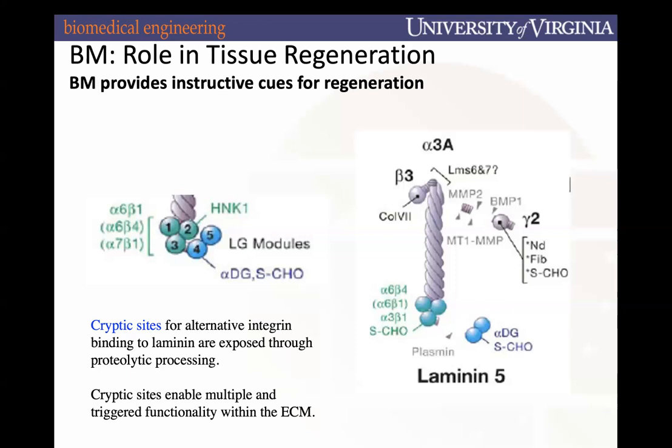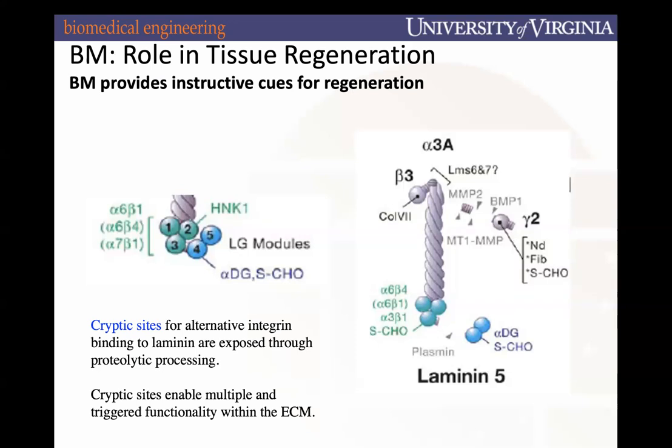There's another, so Dr. Thomas Barker here in the department, his ECM protein that's near and dear to his heart is fibronectin, and he's spent the last 10-ish years going through and identifying different cryptic sites on fibronectin, and now making antibodies that can serve as a drug to identify them and also to block them as well. And so that is a whole entire area of research. We don't know all of them, but you can go get a PhD and find out a new one.